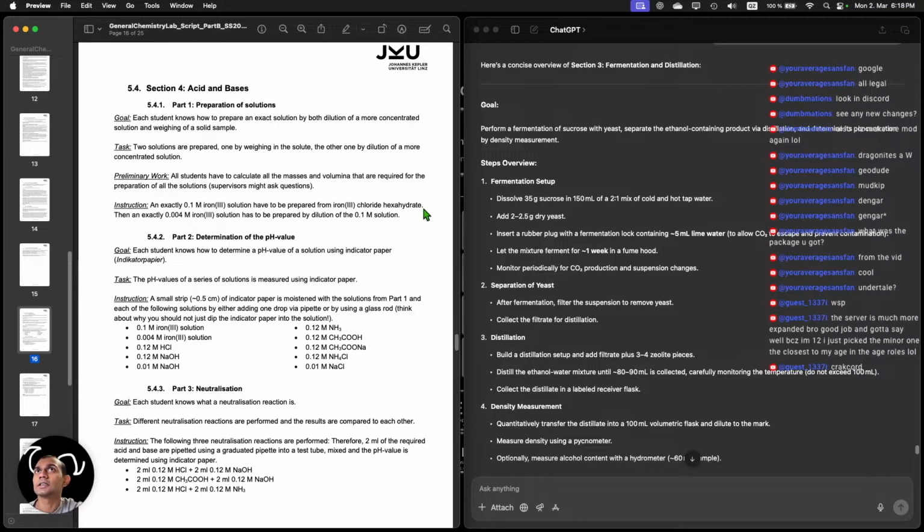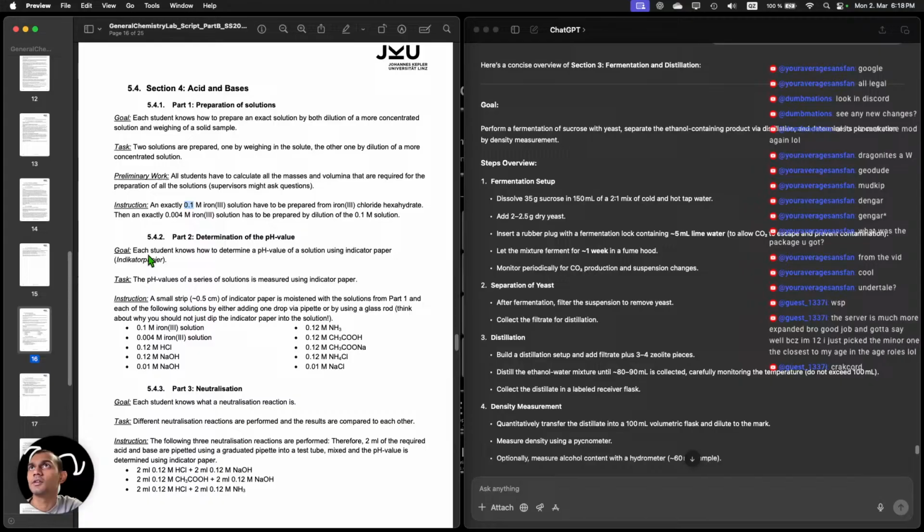So I'm guessing the iron 3 chloride hexahydrate is solid. So if we're going, this is 0.1 gram per milliliter, right? 0.1 molal per liter. That's a really small concentration.